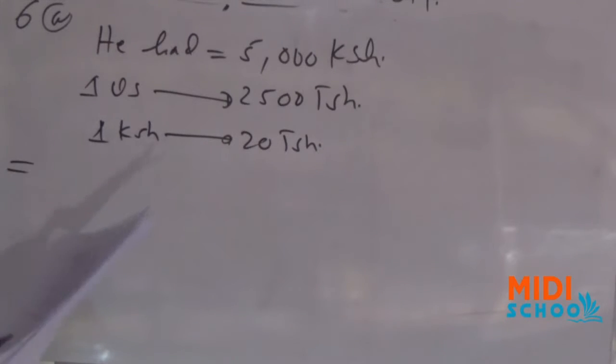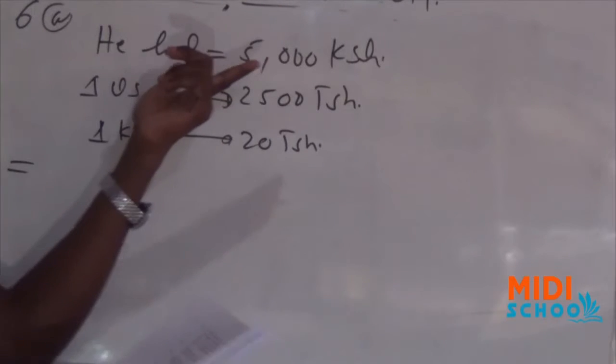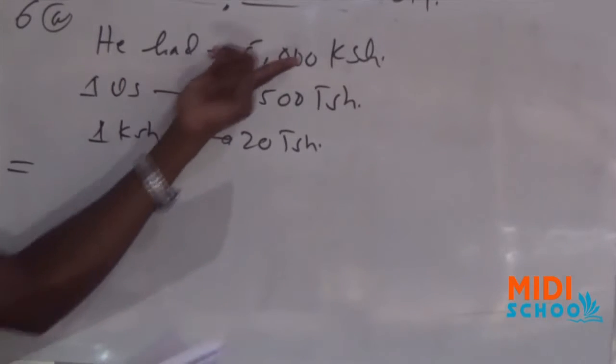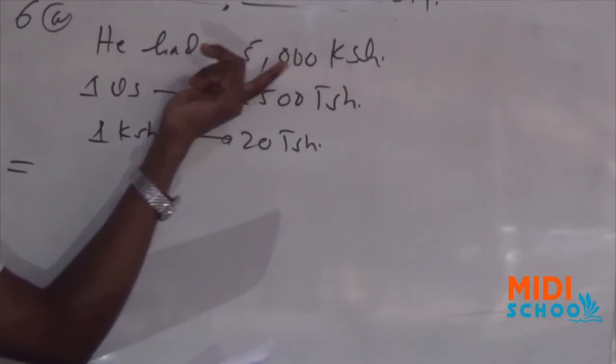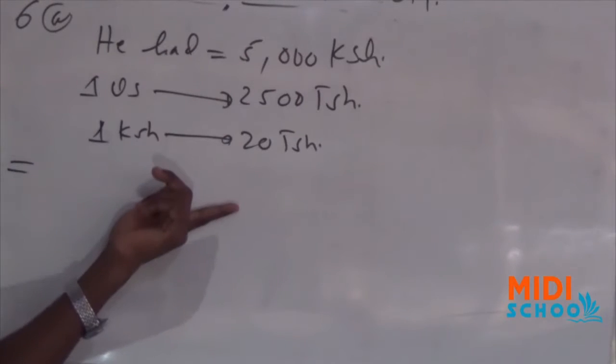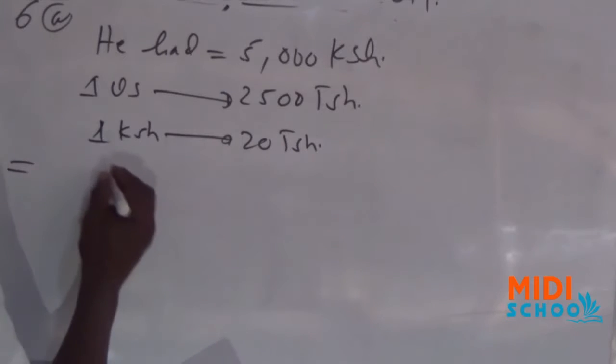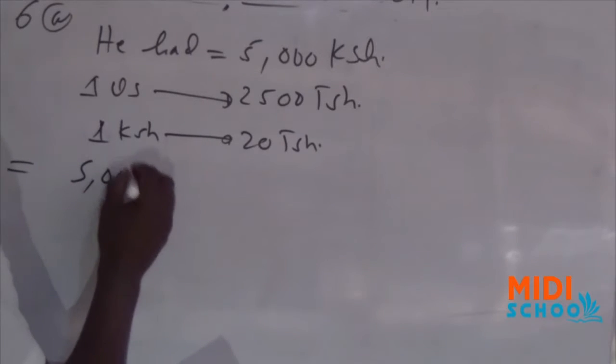So first of all, since Mr. Ogango has Kenyan shillings, we first convert the amount of money that he has from Kenyan shillings to Tanzanian shillings.